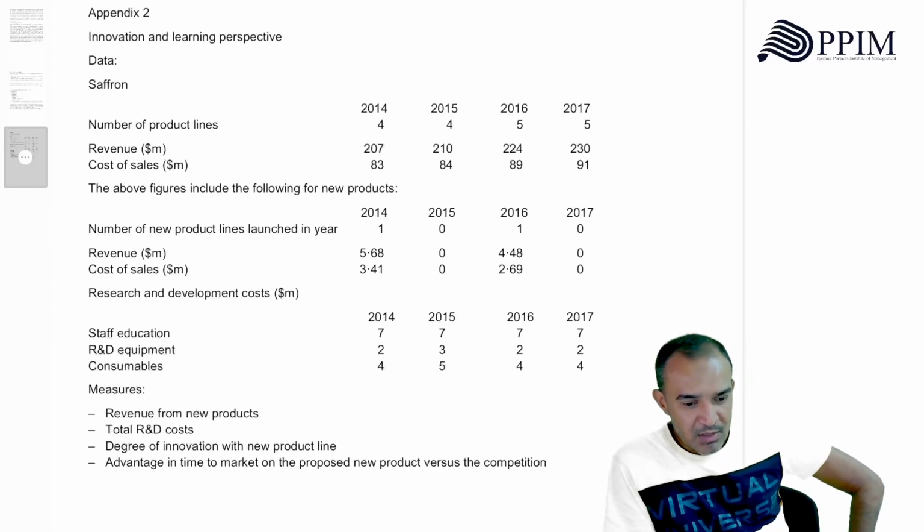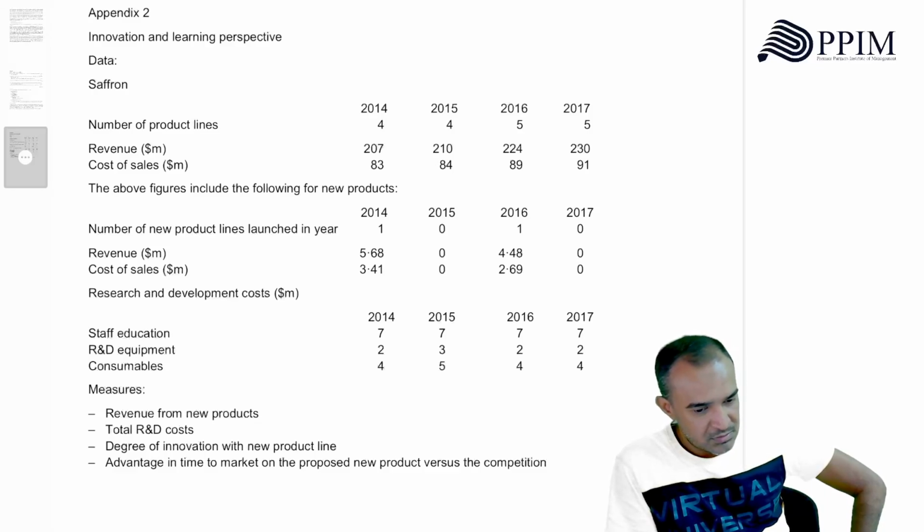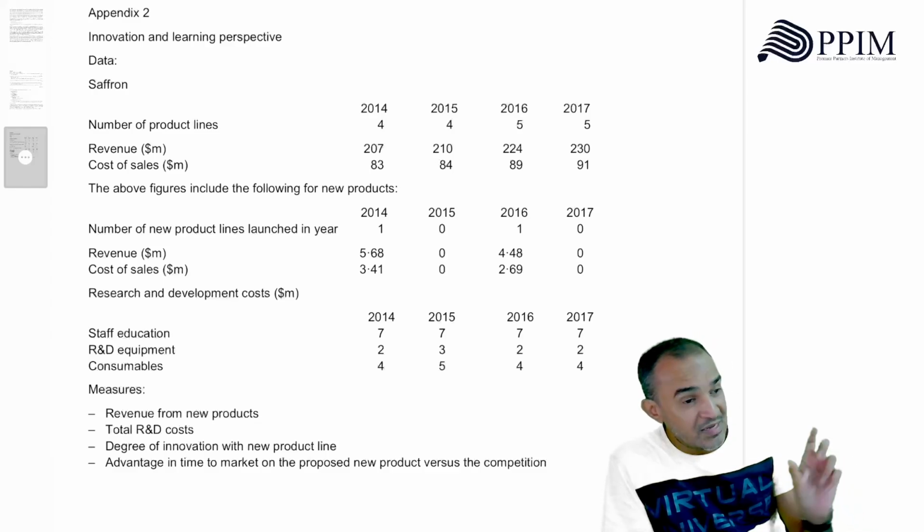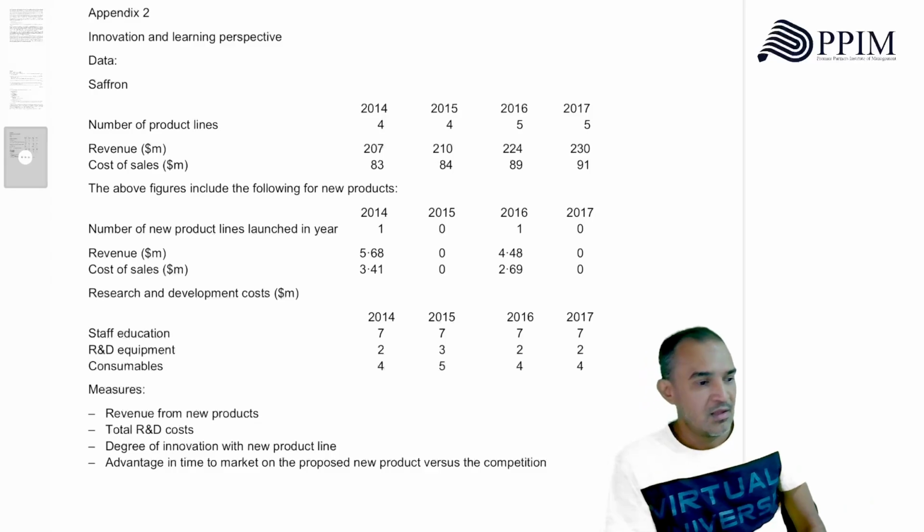Advantage in time to market on the proposed new product versus the competition. Again, it has to be linked to R&D innovation, right? The reduction in time, how fast are we introducing?